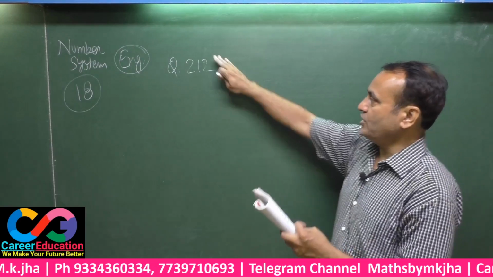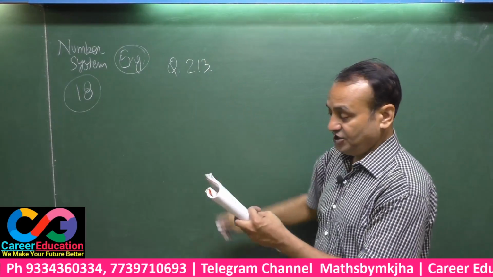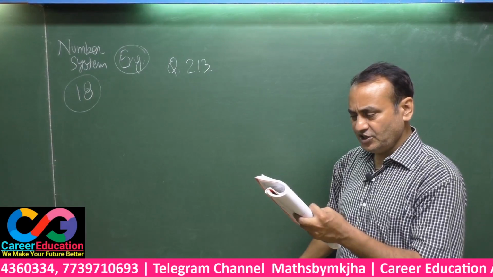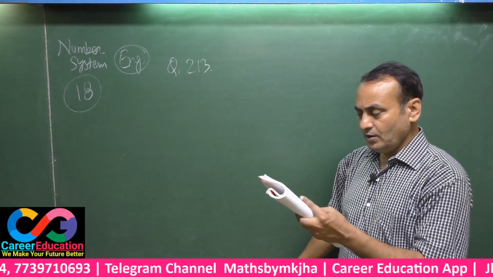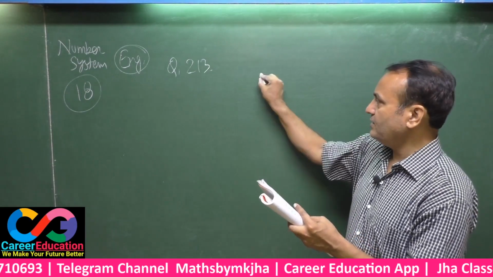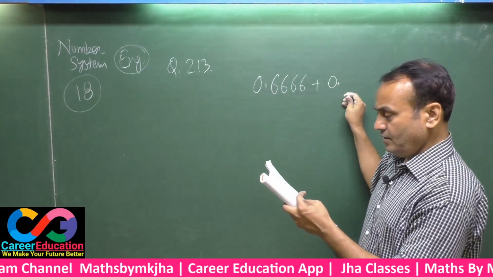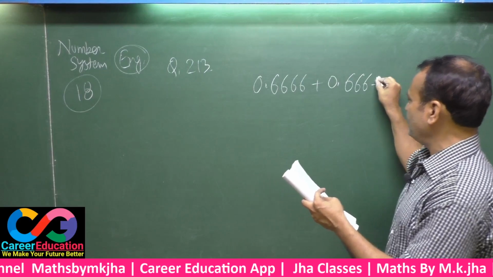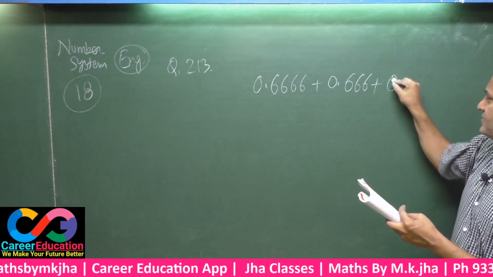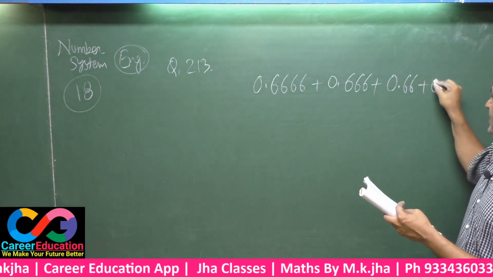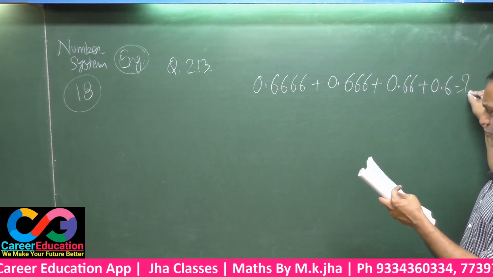Now, question number 213. See here. This is 0.6, 0.66, 0.666, 0.6666 equals what?